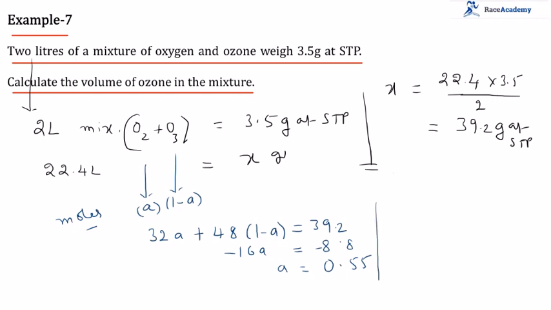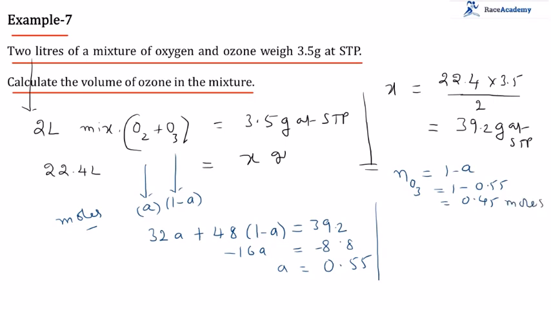So a is the number of moles of oxygen I am taking. The number of moles of ozone I have assumed is equal to 1 minus a. That is 1 minus a is 0.45. So 0.45 moles is the ozone value, number of moles.